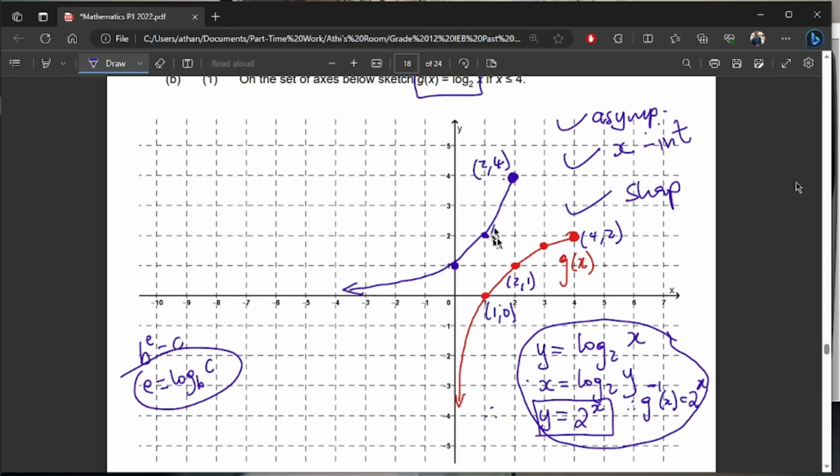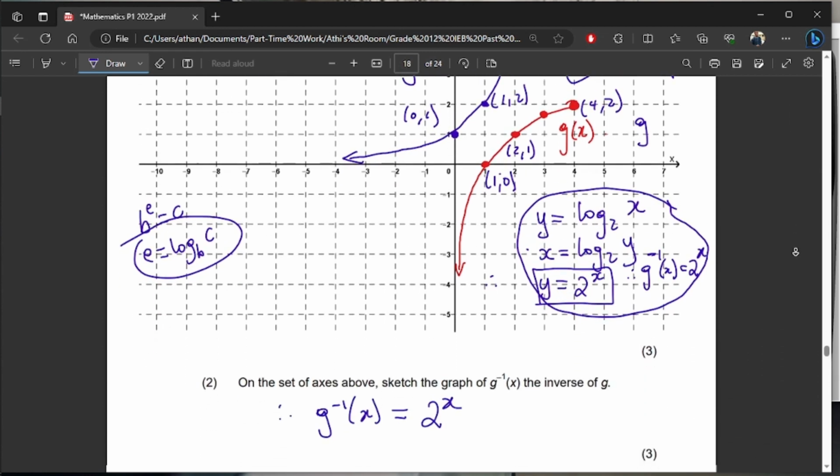As you can see, this is 1 is to 2. And then this is 0 is to 1. If you look closely, the one for the inverse and the one for the graph, your coordinates are just swapped around, meaning y becomes x, x becomes y. It's that simple. Then you get your full marks.